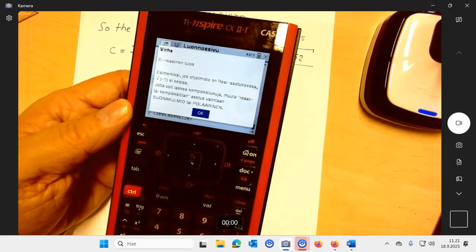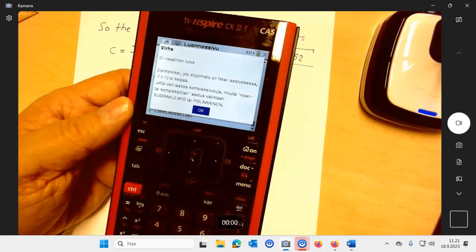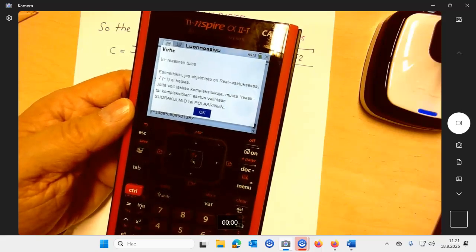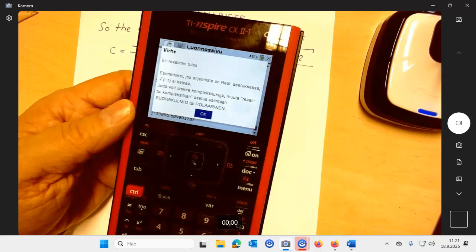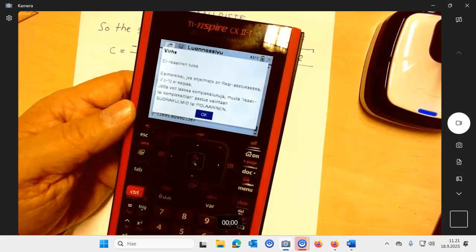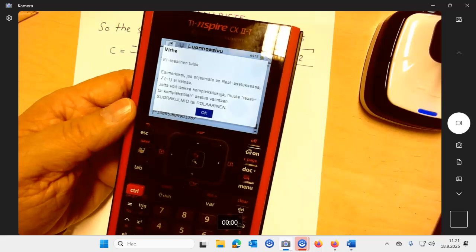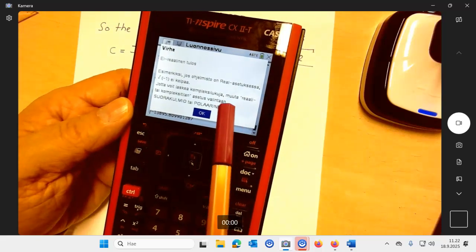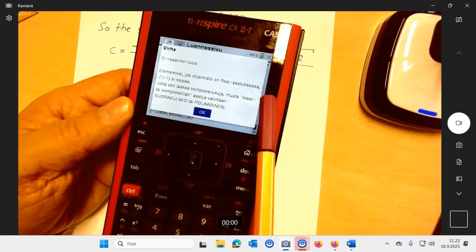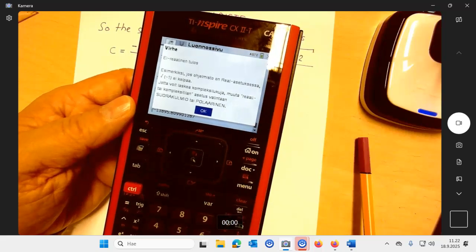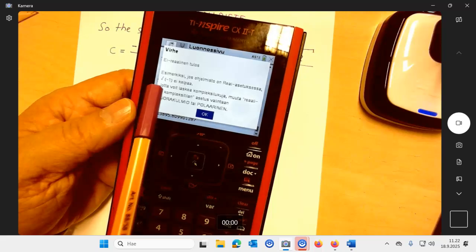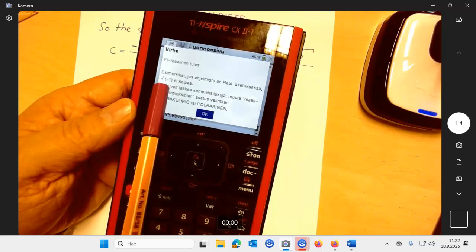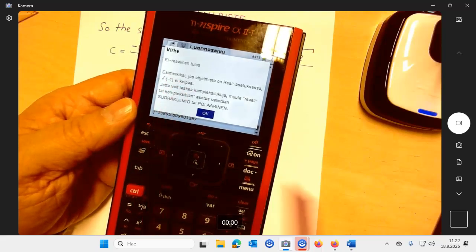It is said that if your calculator is in settings where only real numbers are available, you can't calculate, for example, the square root of -1.